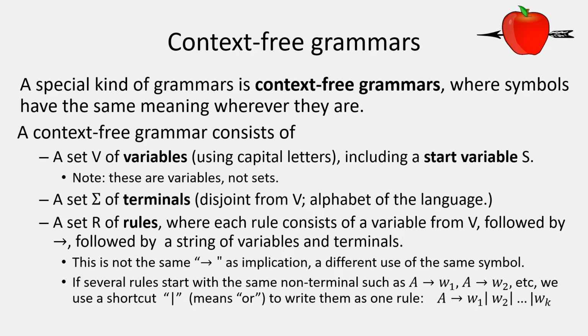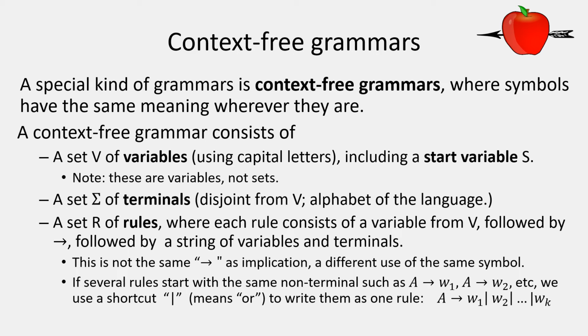When you're doing programming languages, usually a lot of the syntax is described by context-free grammars. But context-free grammars are a more general term than just a grammar for a language. You could use it for recursive definition of any set of strings.